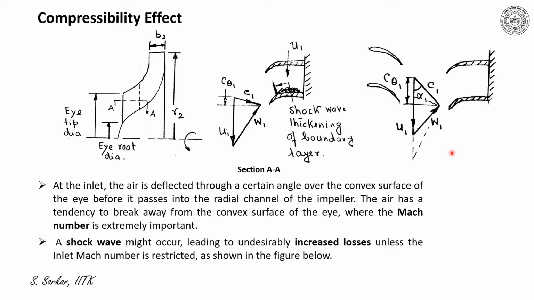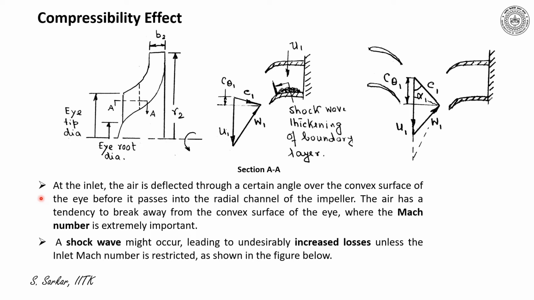What I have stated, I have summarized here for your understanding. At inlet, the air is deflected through a certain angle over the convex surface of the eye before it passes to the radial channel of the impeller.